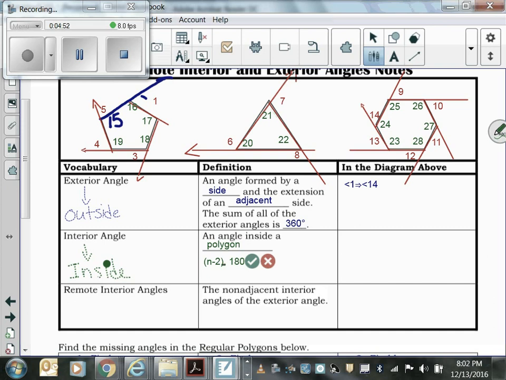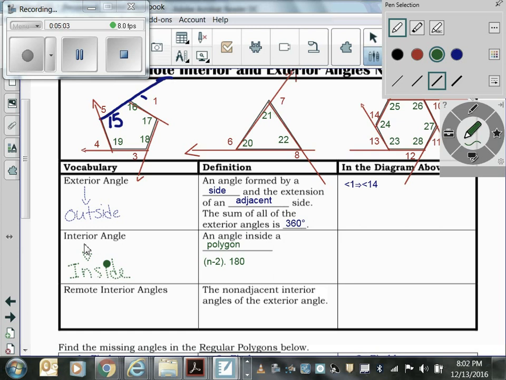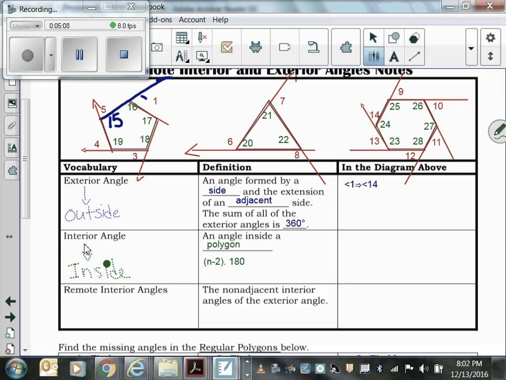So in this case, I need to say which angles are considered to be interior. So if I look up here, I started with this blue number 15, and I went all the way through to down here where I have 28. So I'm going to say that angles 15 through 28 are interior.